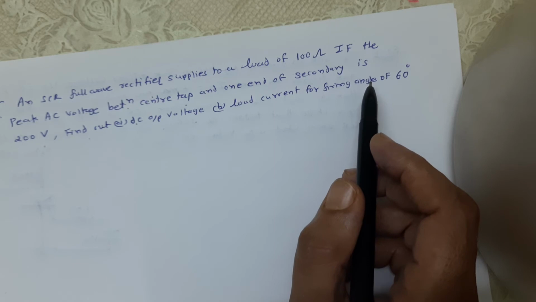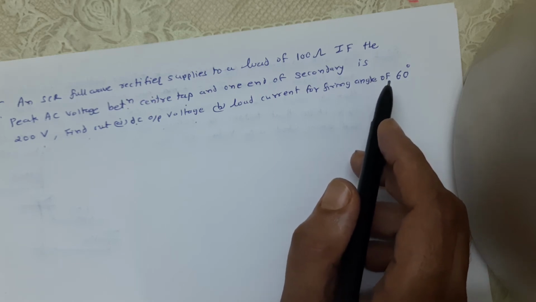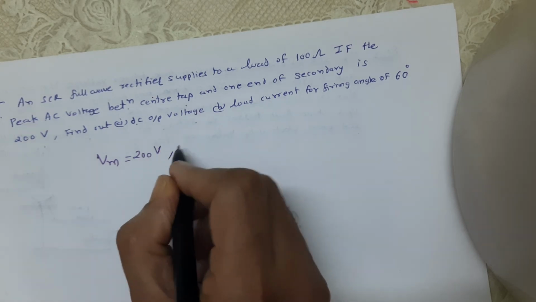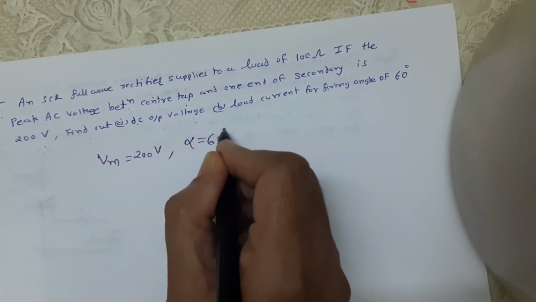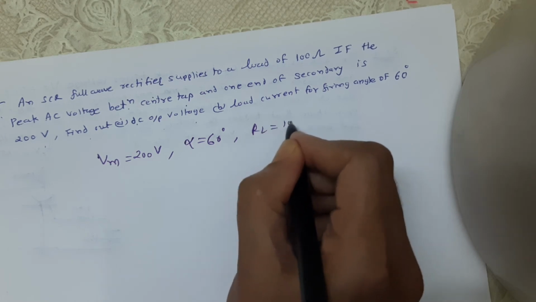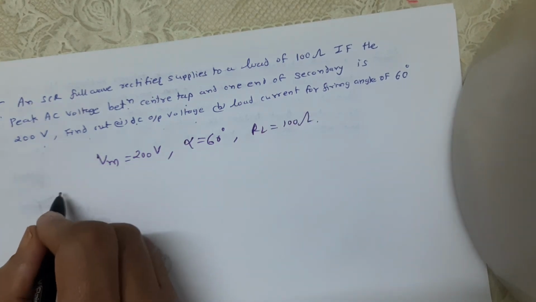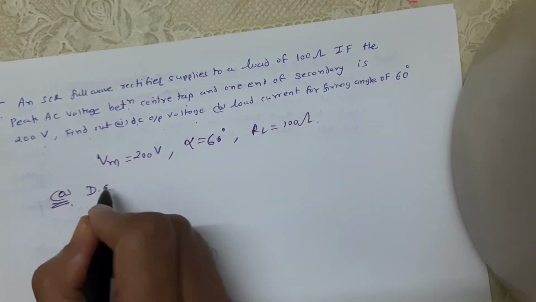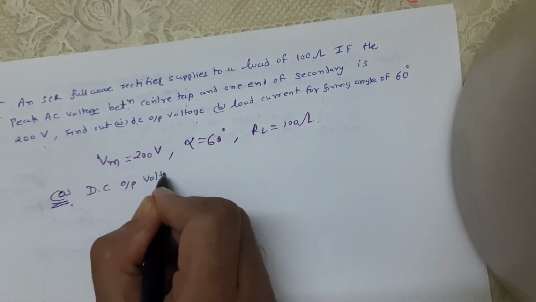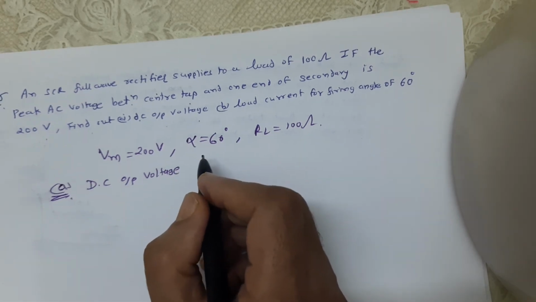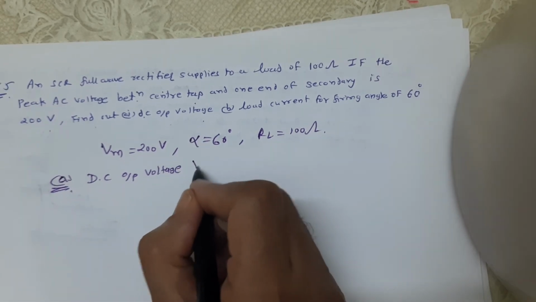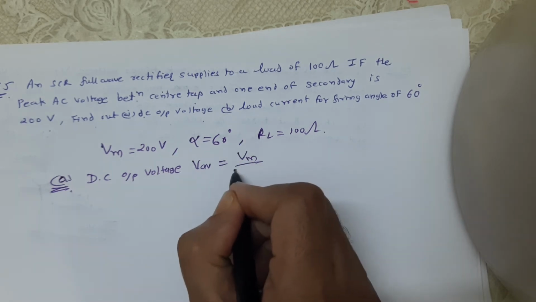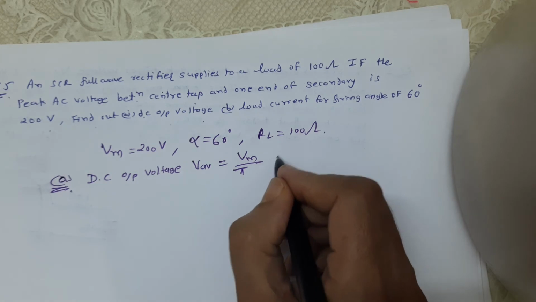So, from the above given example, Vm is equal to 200 volt, alpha is equal to 60 degree, and RL is equal to 100 ohm. So first of all, find out A, DC output voltage. The DC output voltage V average is equal to Vm upon pi into 1 plus cos alpha.